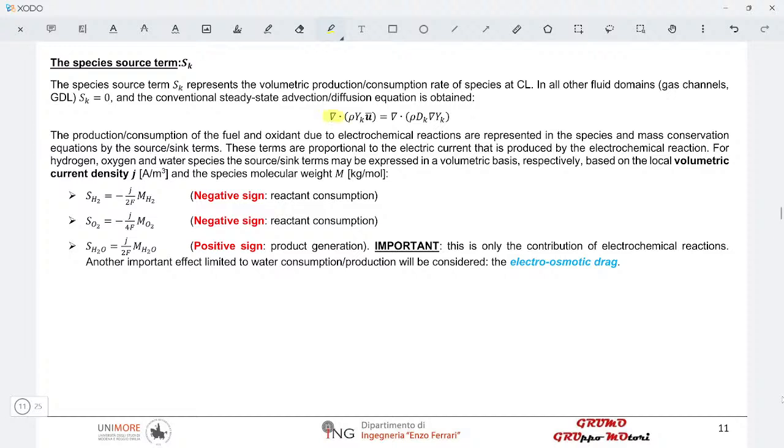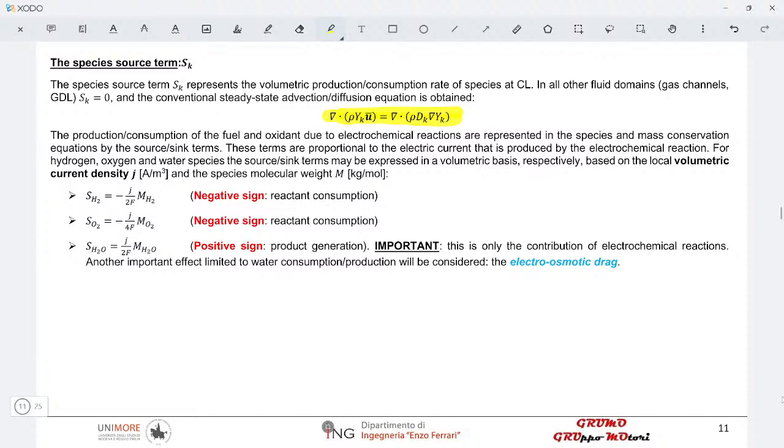So this is the steady state form of the transport equation with no source terms. Because the source terms are related to electrochemical reactions, and electrochemical reactions are just at the catalyst layers. So if we are away from the catalyst layers, I would say everything is quite easy. It's just a matter of an effective diffusivity.